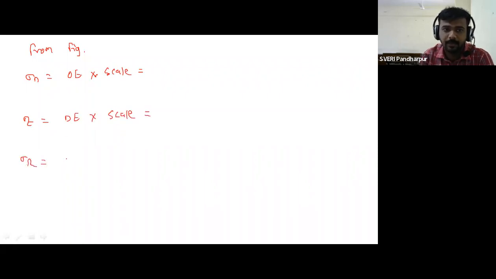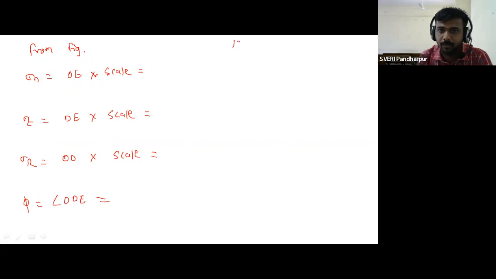Sigma R is equal to OD into scale. And phi is equal to angle DOE. So 1 centimeter is equal to 10 Newton per mm square. So now measure all the distances.